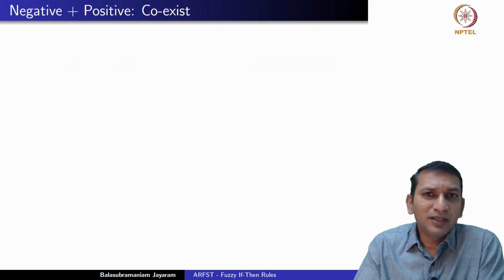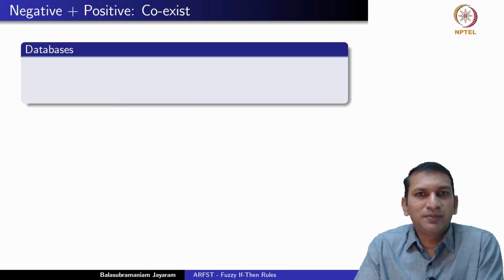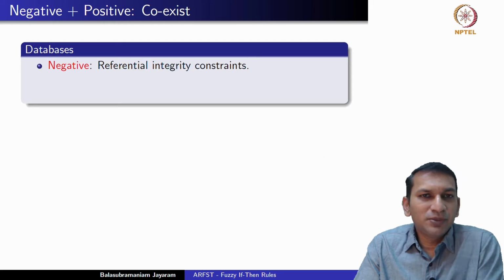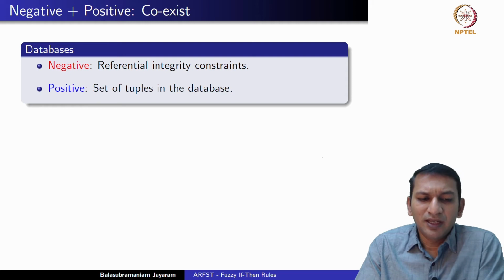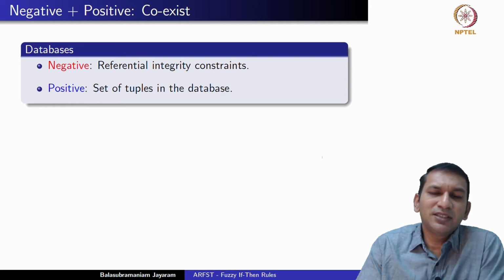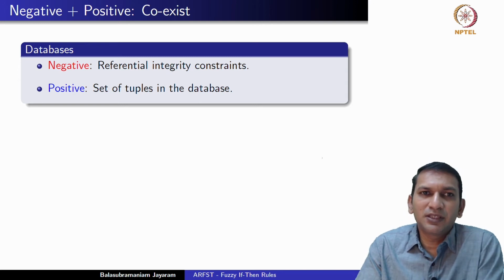Now, often both types of information coexist. For instance, if you look at databases, then the negative information is encoded in the form of referential integrity constraints, and the positive information is essentially the set of tuples. The set of tuples in the database tell you that these tuples occur together.